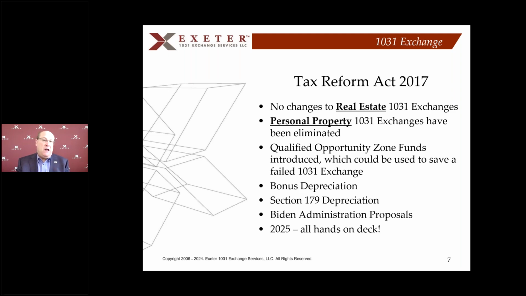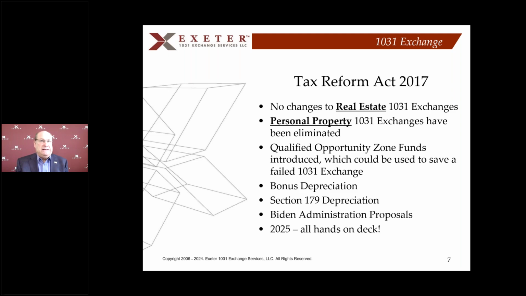The one we're getting a lot of questions on today are the current proposals from the Biden administration. And the Biden administration started proposing in 2021 and then again in 2022, 2023, and again in 2024 to limit or restrict the amount of capital gain that you can defer through a 1031 exchange transaction. And you've probably heard about this if you read up on these things.